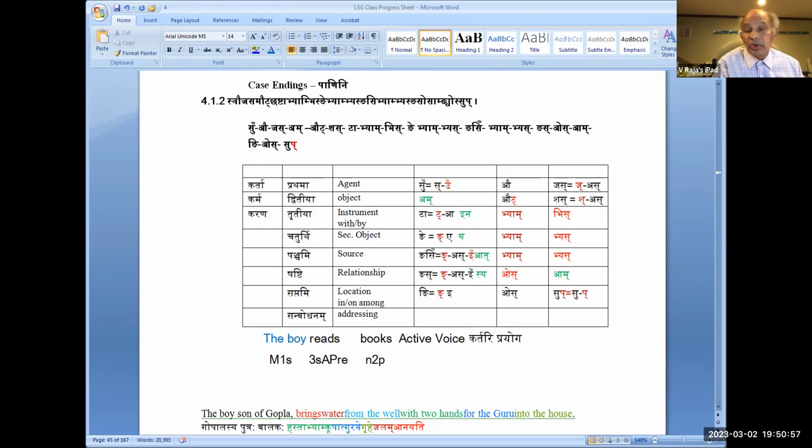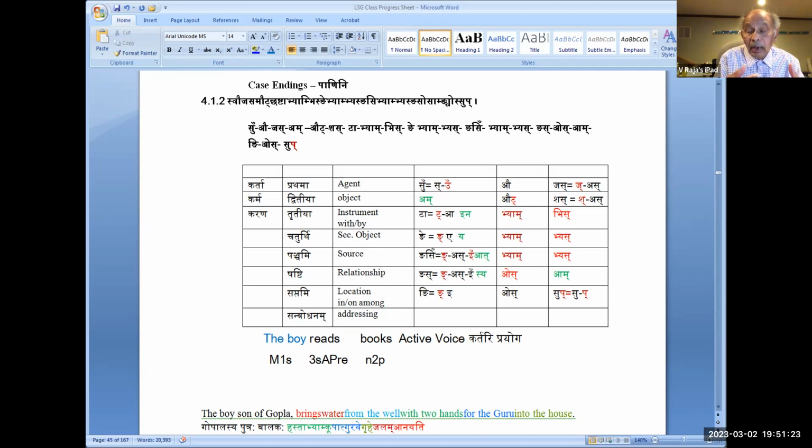And how do you know something is a karta? So Panini looks at every sentence and how the people were using it at that time. And he says, swatantra karta. Karta is independent. Then karmani dvitiya.